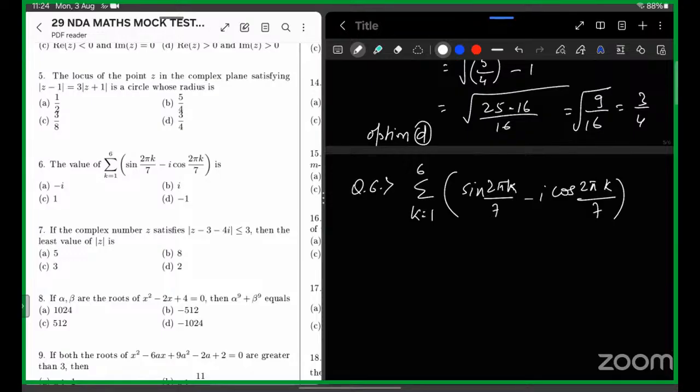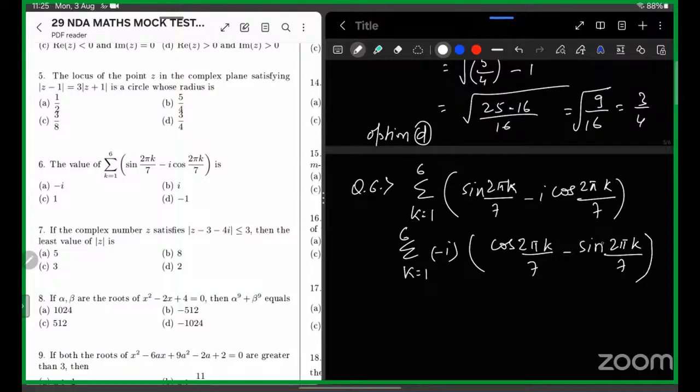I should take the standard form of this. One is exponential form and this one is polar form. So for polar form, cos must be the real part and sine should be the imaginary part. So what we can do? I can take minus iota common from here. I took minus iota common here. So what am I going to get now? It will be cos 2 pi k upon 7 minus sine 2 pi k upon 7.